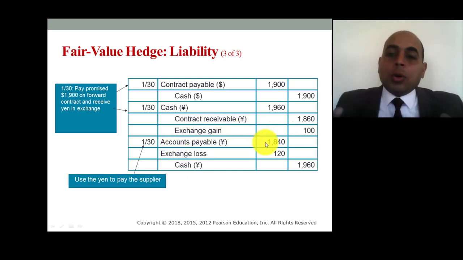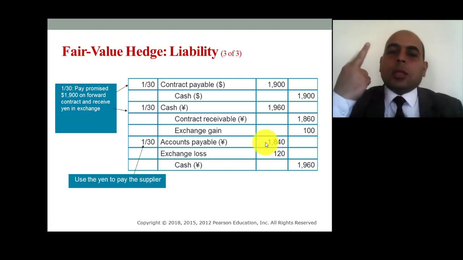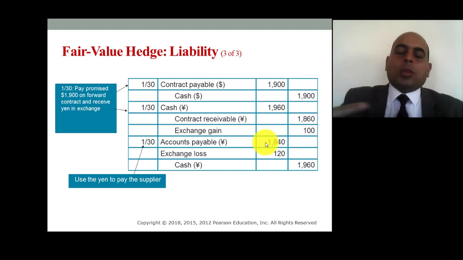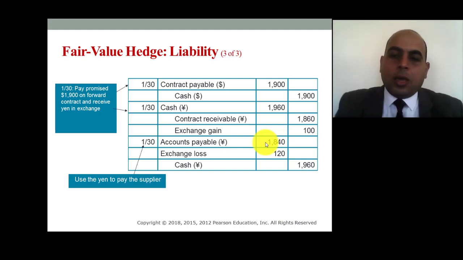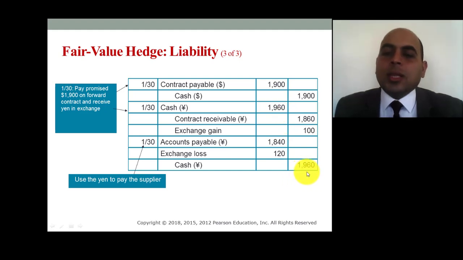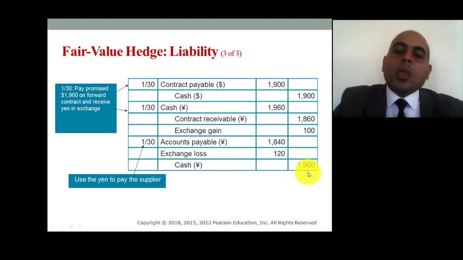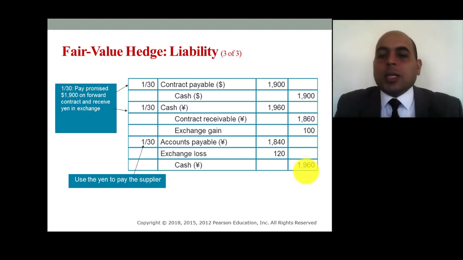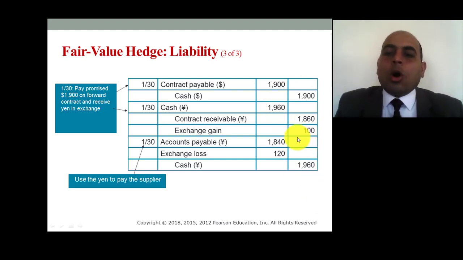But right now, we will pay them 200,000 yen. The value of this amount that we are going to pay them, as we received it a minute ago, is 1,960.